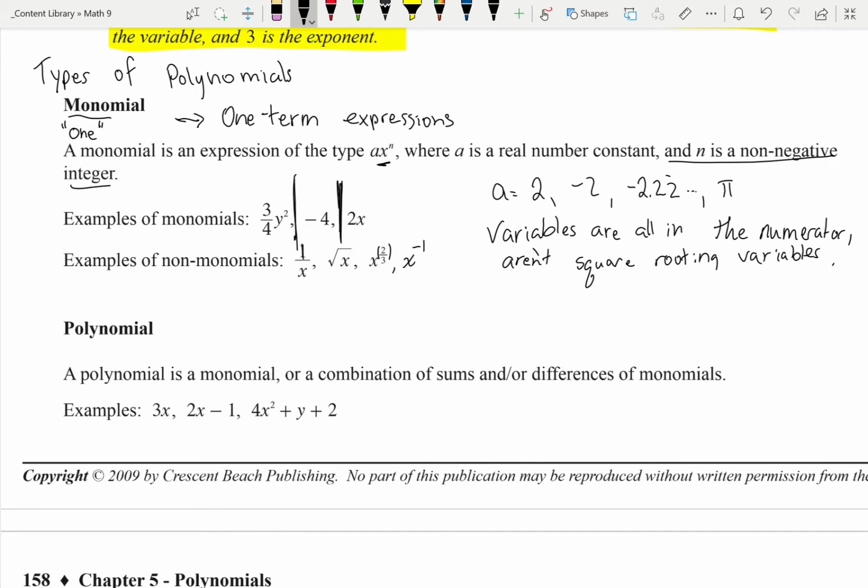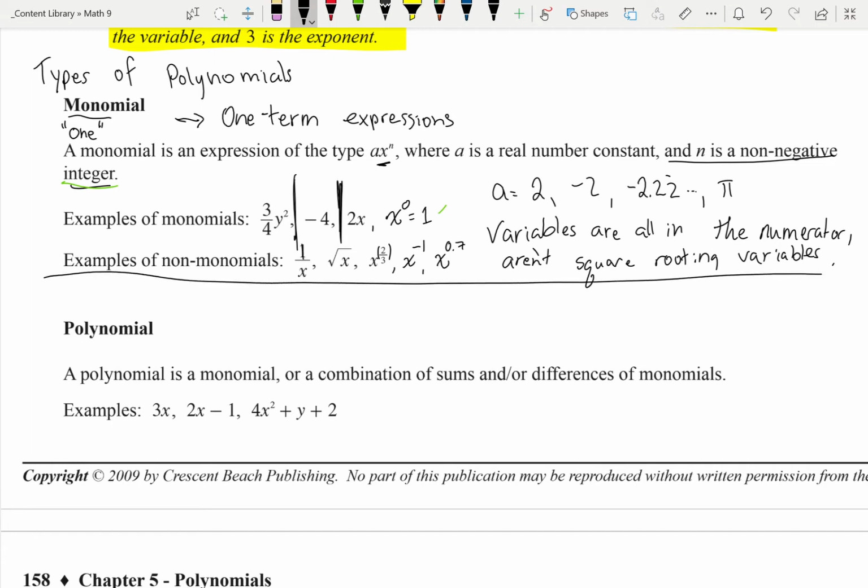I can, however, have x to the 0, because remember x to the 0 just equals 1, and 1 is a-okay. But it can't be negative, so I can't have x to the negative 1, and it has to be an integer, so it can't be x to the 0.7. That also won't work. So that is one type of polynomial.